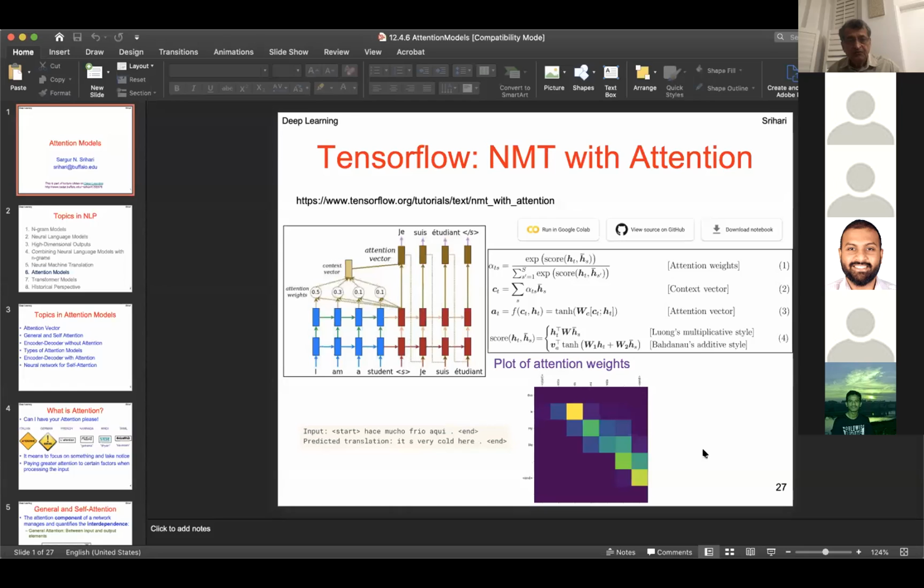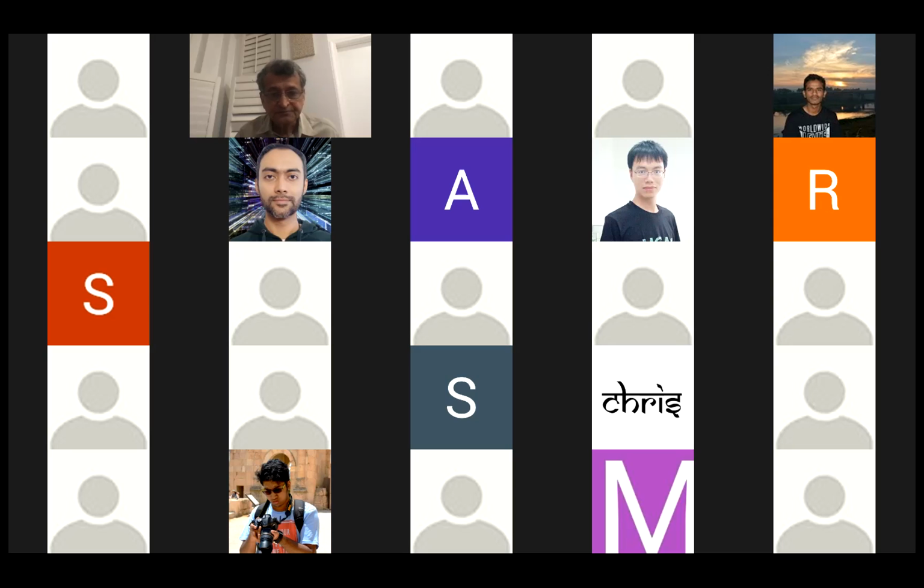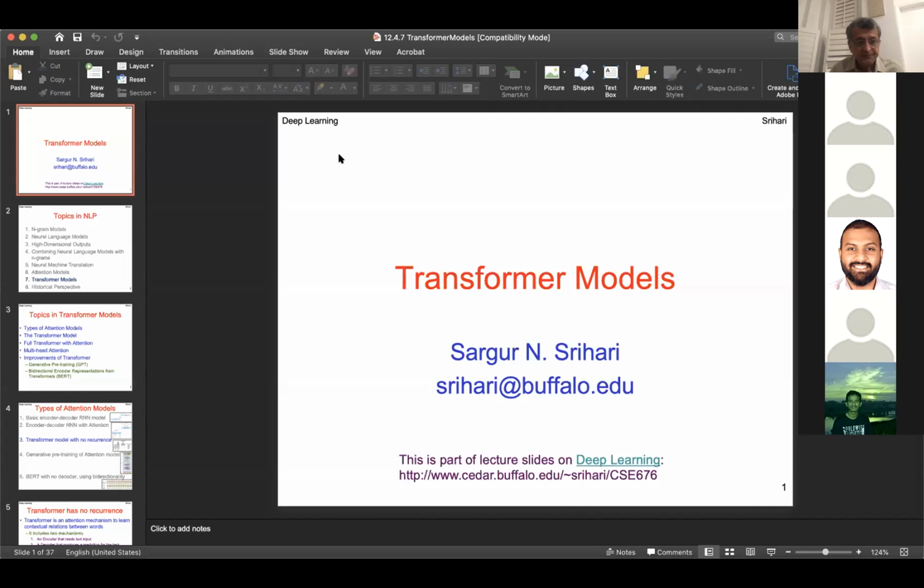Okay, so hopefully you got a sense for the idea of RNN without attention and then RNN with attention. And that's what we saw just now. Okay, so the last part is called the transformer models.